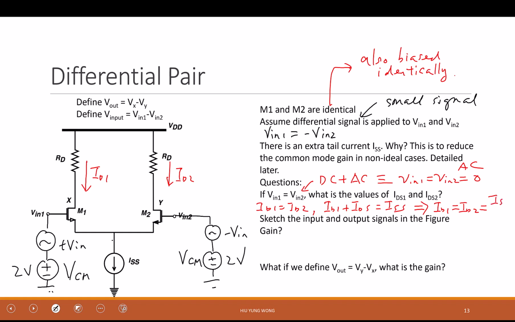ISS over 2, right? These two add together need to be ISS, and this is ideal current source, right? So again, I don't care what happened because it's ideal, I always have ISS. And now you say you add together equal to me, and then you are the same, then you must be ISS over 2.